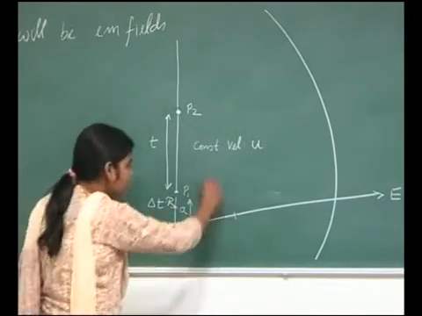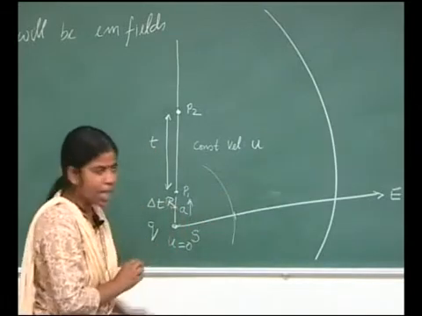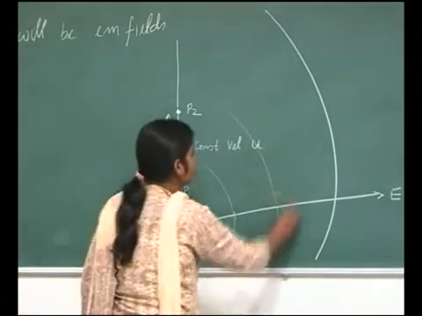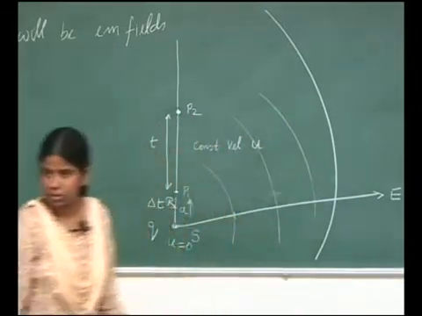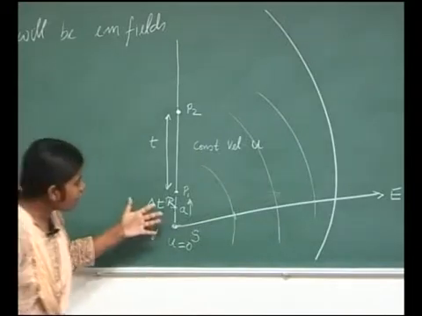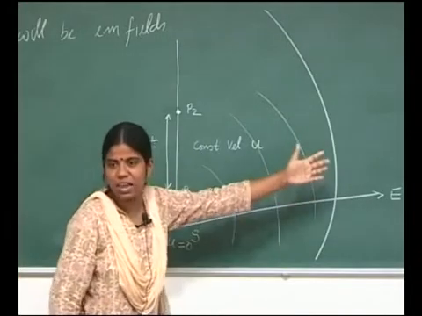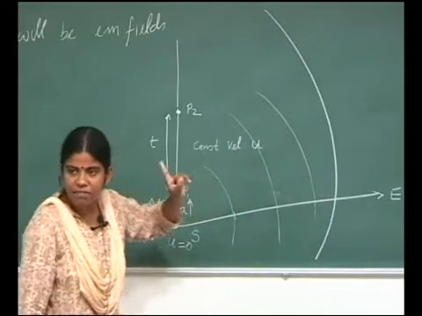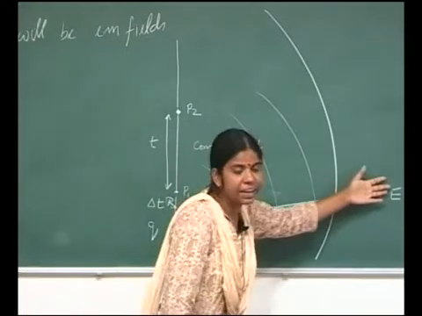So, as the time grows, the radius of the sphere goes up. It means the wave envelope is moving in this direction, so my wave is moving along the radial direction.